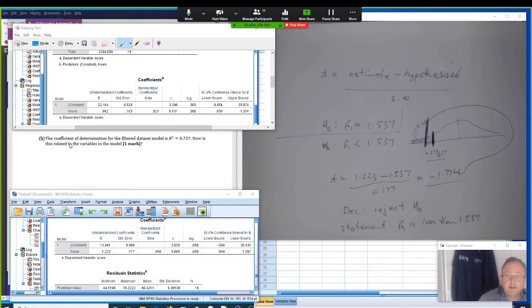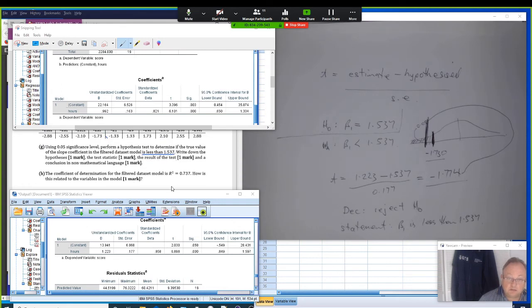Now the coefficient of determination for the data set. How is this related to the variables in the model? So we're talking about R squared. Now, what do we know about R squared? What's R squared tell us?